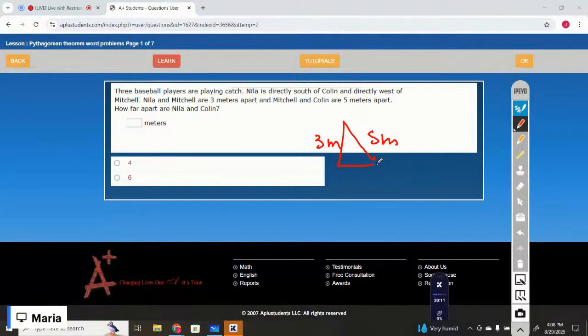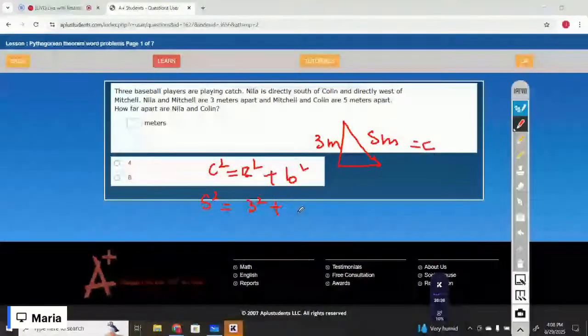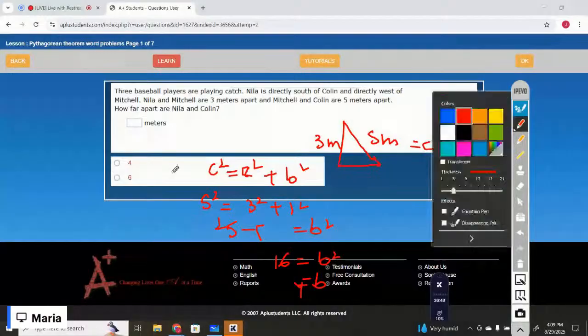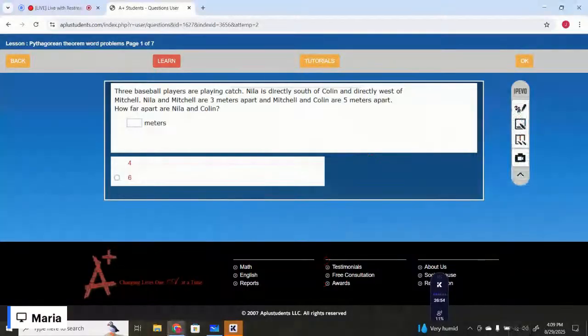We need to get B. 5 squared equals 3 squared plus B squared. So B squared equals 25 minus 9. So B equals 4. Option number 1 is the correct option.